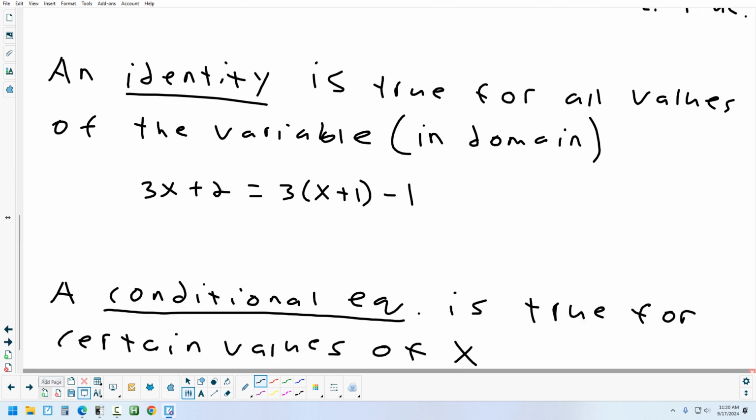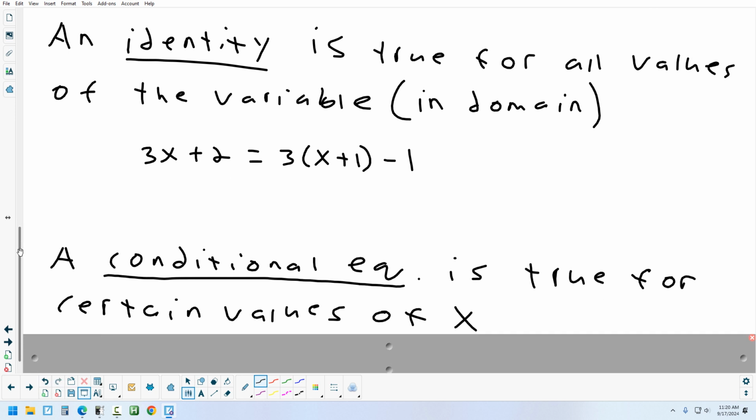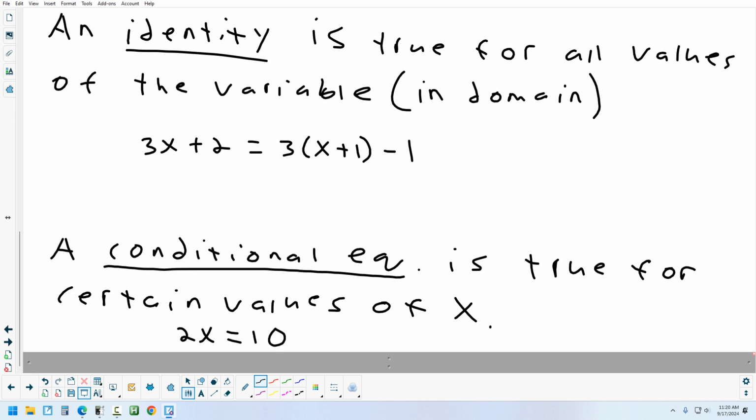Now, if you compare that to a conditional equation, that's an equation that is true if you pick the right number. It's not like an identity where you could pick any number. You have to pick the right number. So in this case, if you plug in 5 for x, that's the condition that would make this equation true.